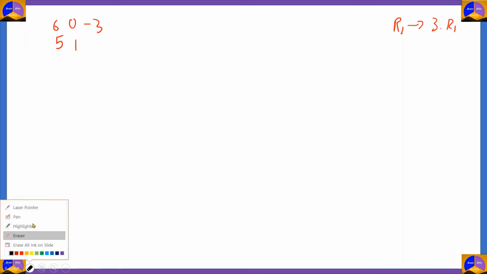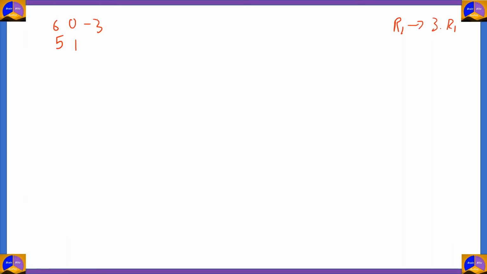The first thing we do is change R1 to 3 times R1. So we multiply the top row 3 times. So what we'll get is 6, 0, minus 3, 15, right? No, it's not 15, it's actually 5, because the transformation only works on the first row.